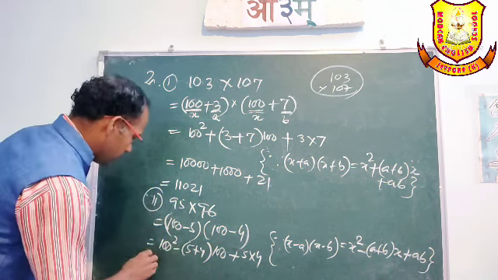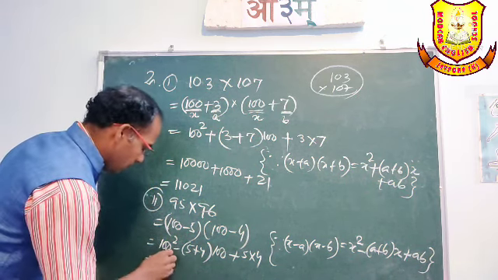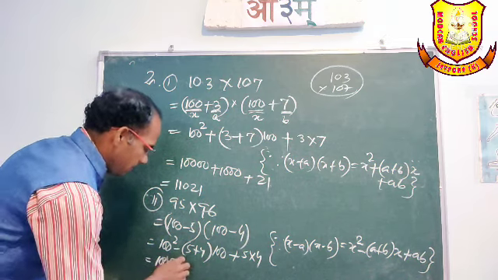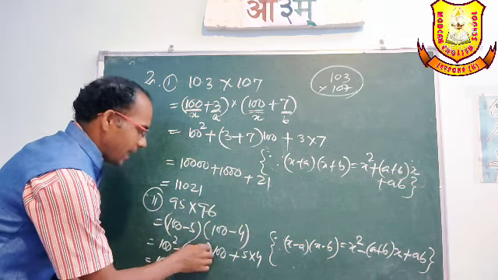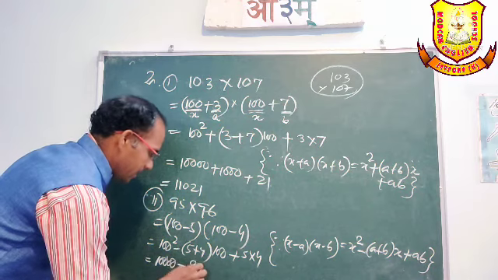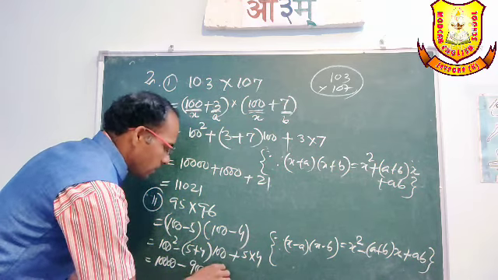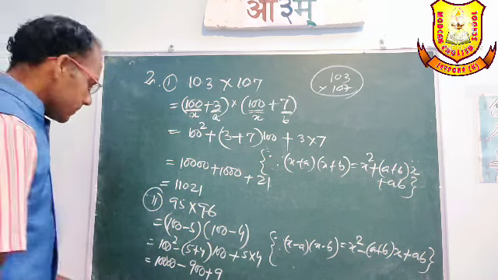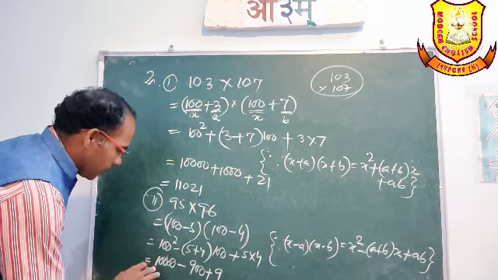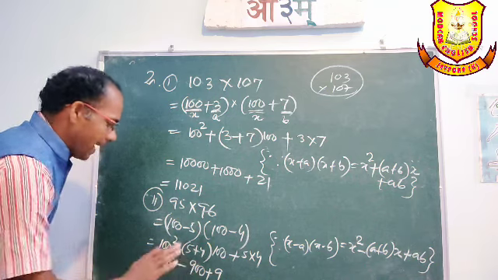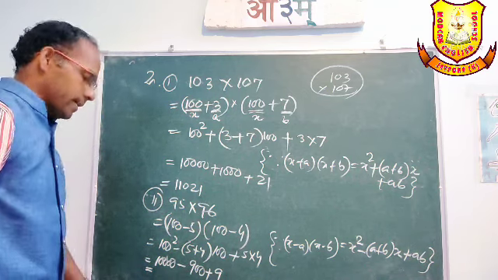Okay, so this one equals 100 square, which is 1 and 4 zeros, minus 5 plus 4, that is 9, into 100. This is 900 plus 5 into 4. Now from 10,000, 900 will be subtracted.